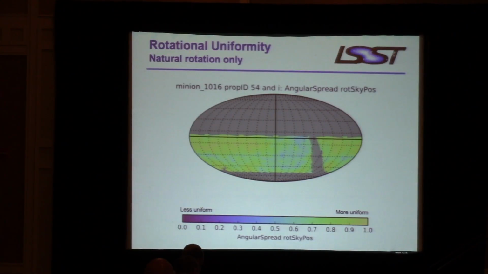So here are the results for what's currently in minion 1016, specifically applied to the rotSkyPos, which is the angle between camera up and north on the sky. And I should mention that OpSim currently only has rotation of the camera implemented just to track the sky, since it's an altitude-azimuth telescope.